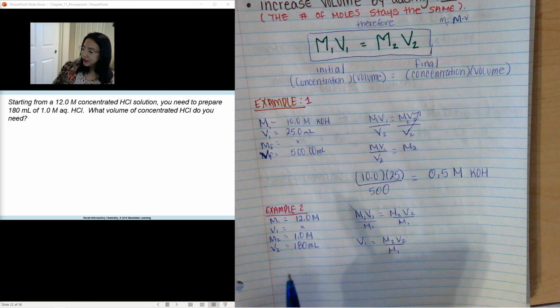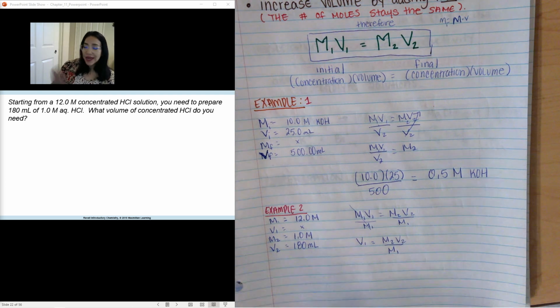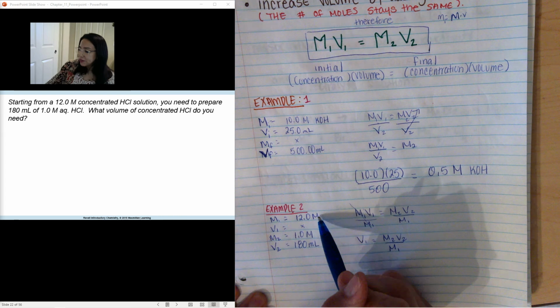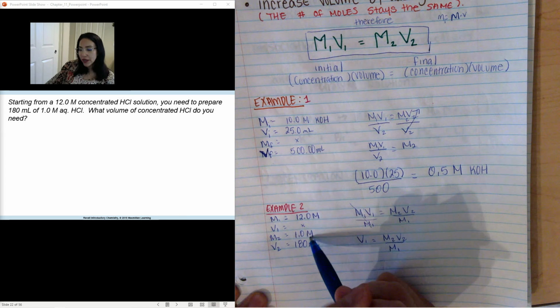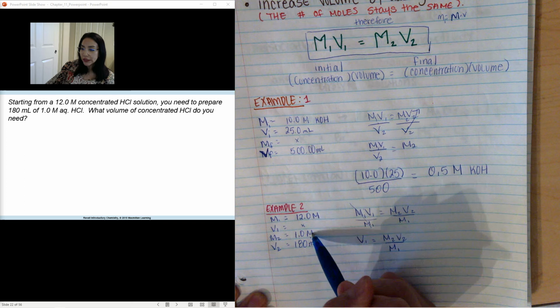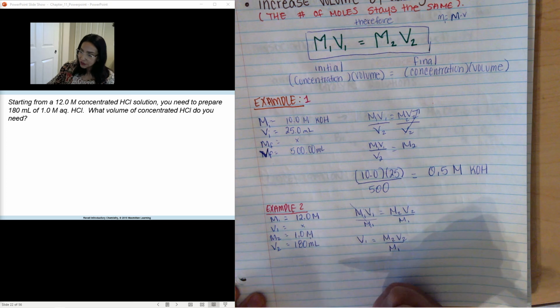Now we're going to notice again that this is in milliliters, but that is completely fine. It didn't state that it wanted it in liters or anything like that. So we're going to just leave it in milliliters to find out what the quantity is that we're going to need. And the reason why is because here molarity and molarity, even though these are in moles per liter, are both going to cancel themselves out.